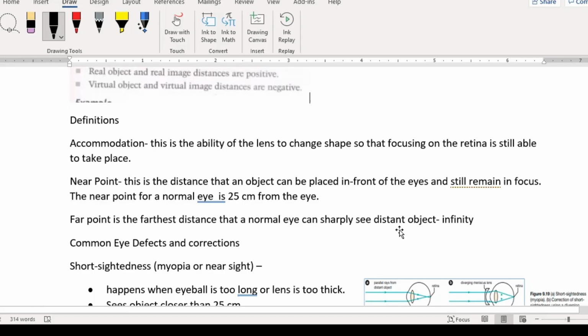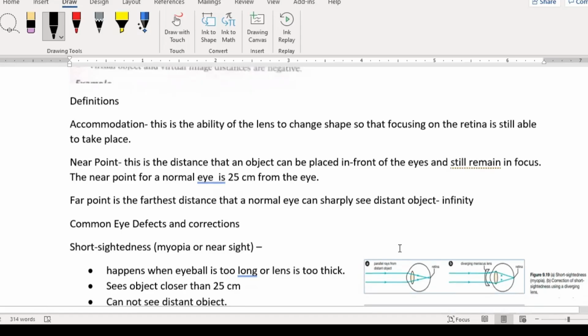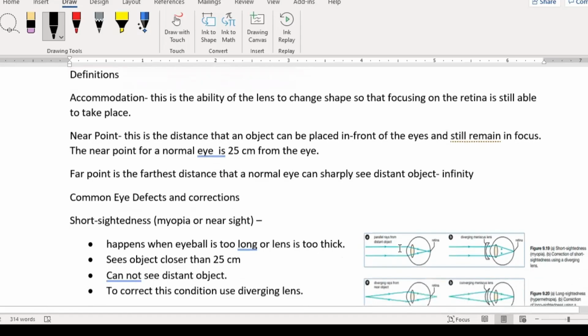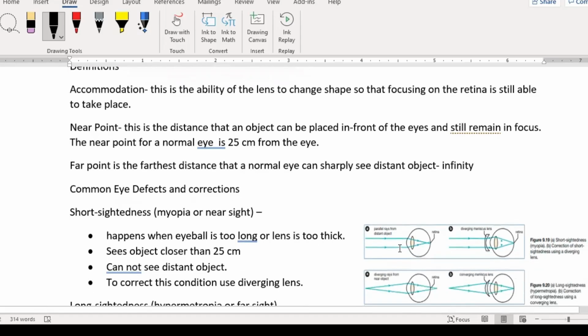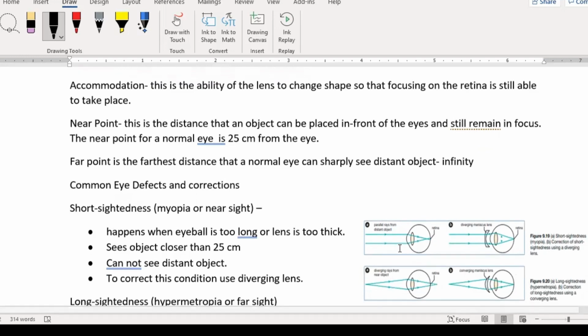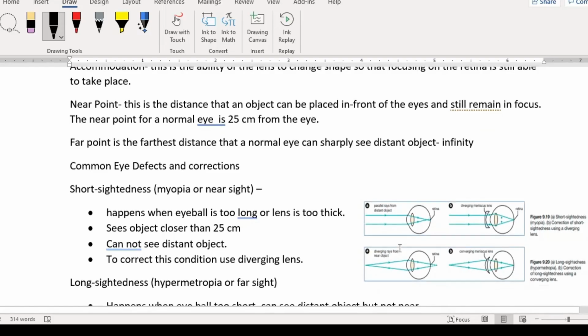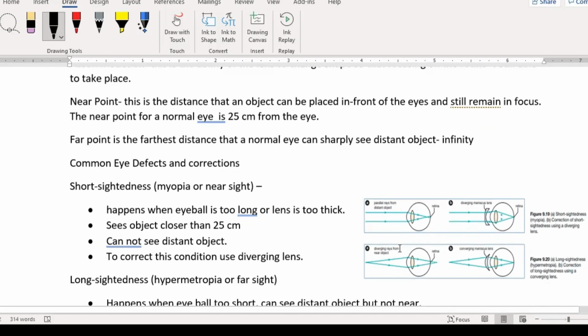All right, let's look at different common eye defects and how we can go about correcting them. These are general questions that they can ask you.